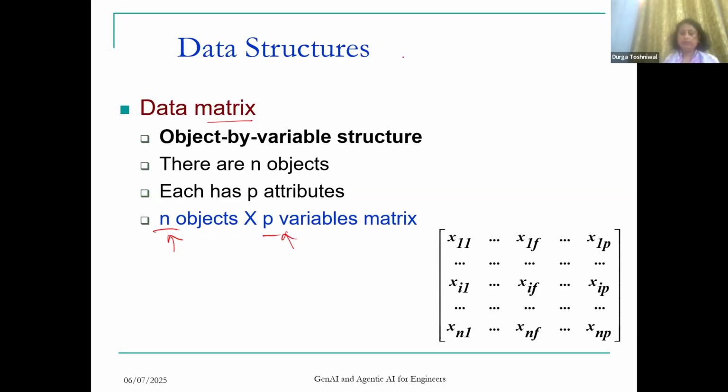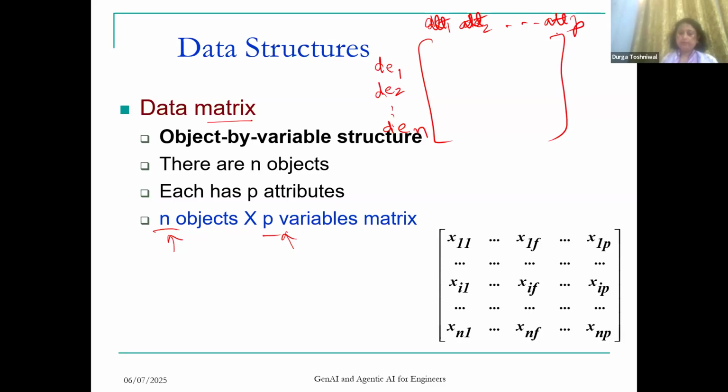So let's say we have data element 1, data element 2, till data element n, and then we have attribute 1, attribute 2, till, let's say we are having p number of attributes, attribute p.